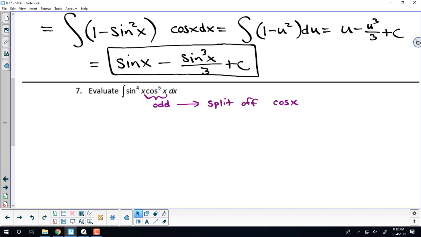If you multiply sine squared, it's only truly cosine squared.